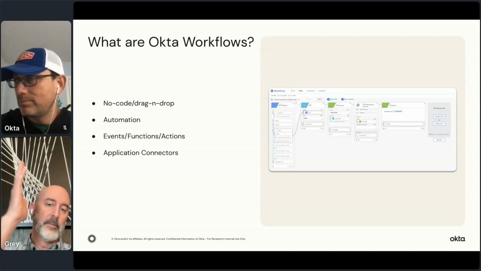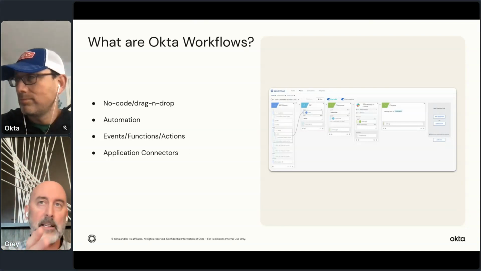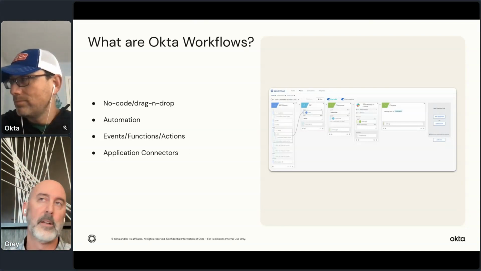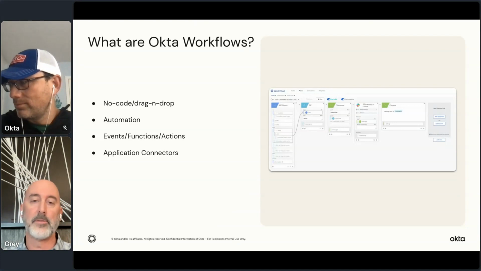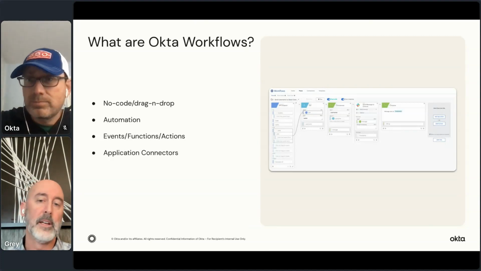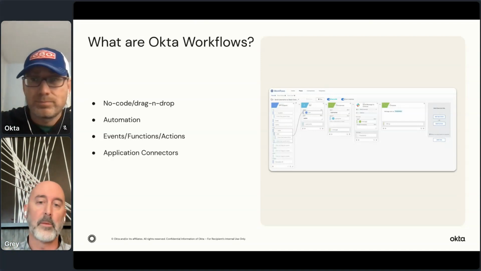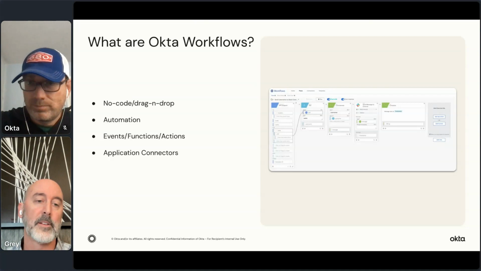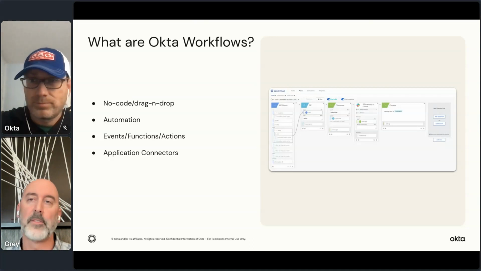It consists of some sort of event at the beginning that will trigger the workflow. So whether that's a schedule, it just runs on a schedule, or maybe some action took place within an application, and that will trigger the workflow. In this picture here, we got an API endpoint, so maybe some application is calling with webhooks over to the Okta workflow there, or maybe it's just a workflow you've delegated to users to be able to trigger manually.